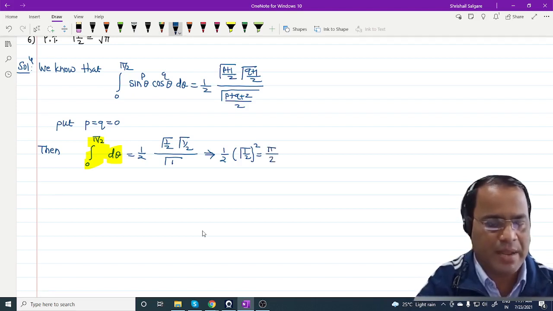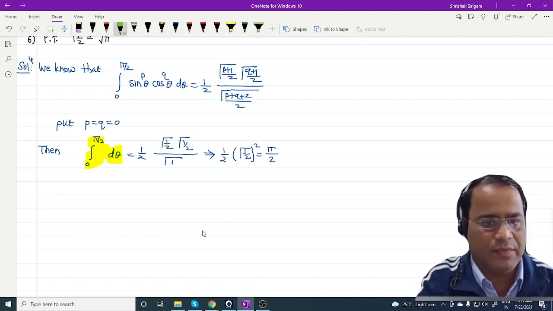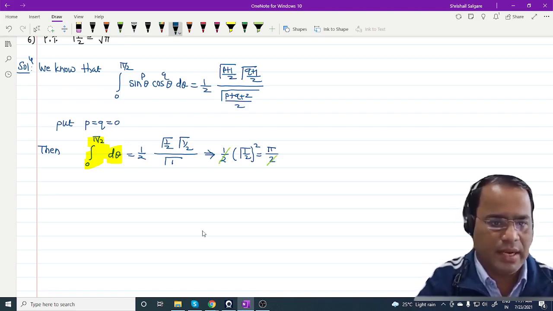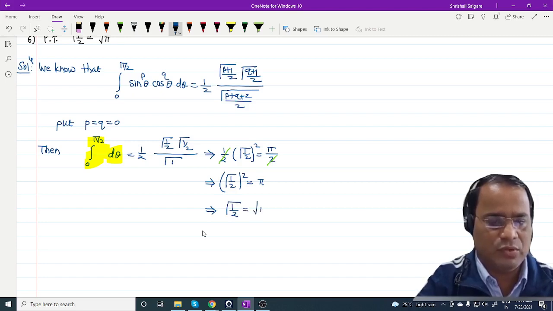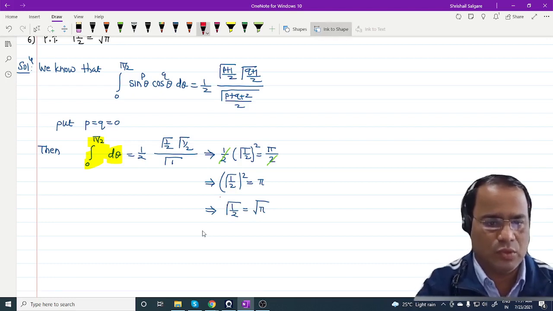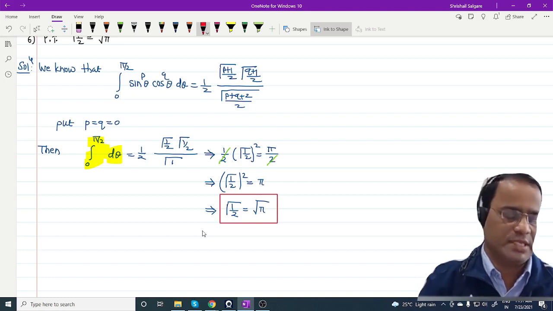So it is pi by 2 minus 0, and from this the 1 by 2 gets cancelled, and you are getting gamma of 1 by 2 squared is equal to pi. So taking square root on both sides, you will get gamma of 1 by 2 equal to root of pi. That is the fourth property in the gamma function, which without proof you have accepted.